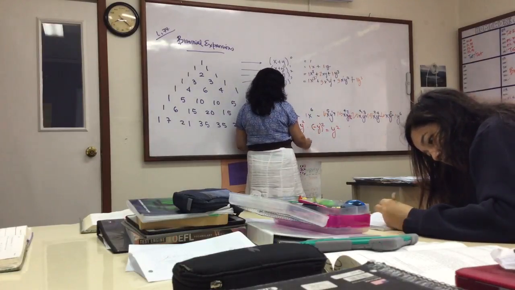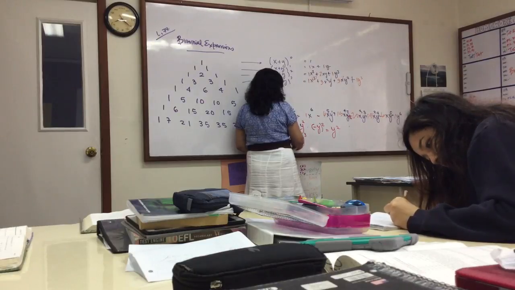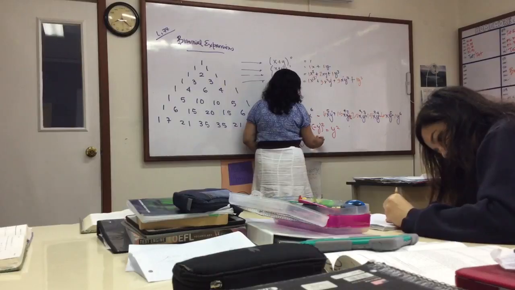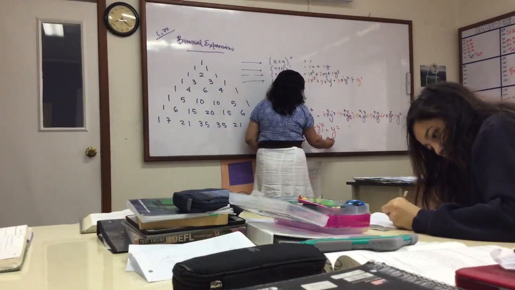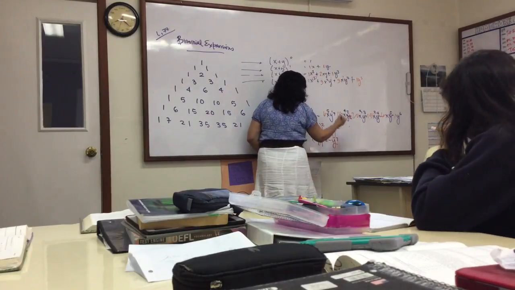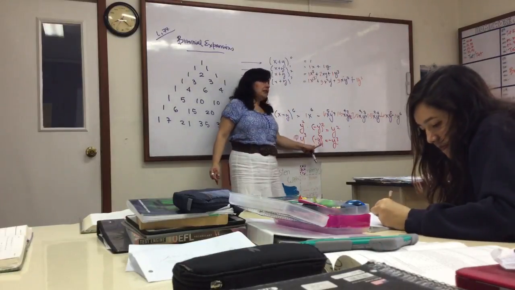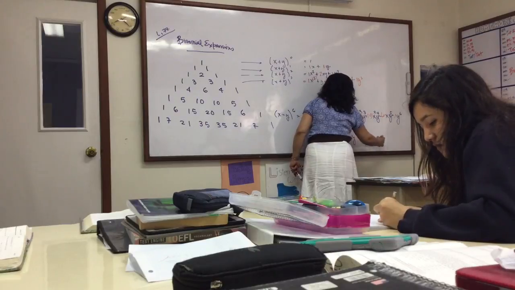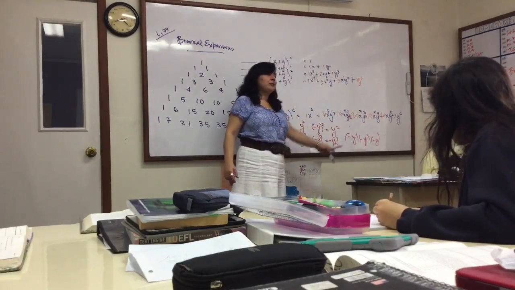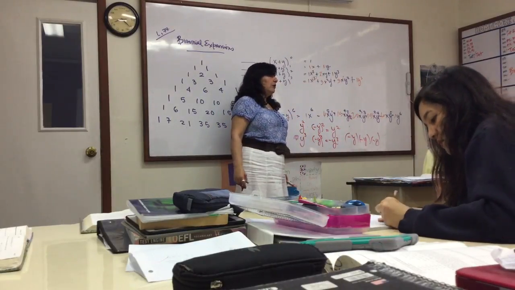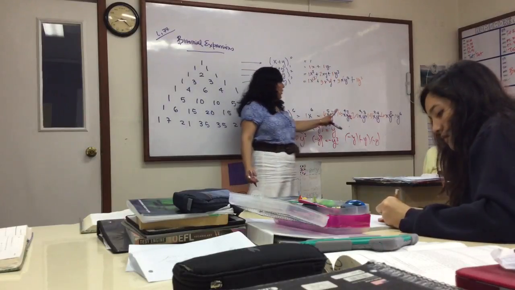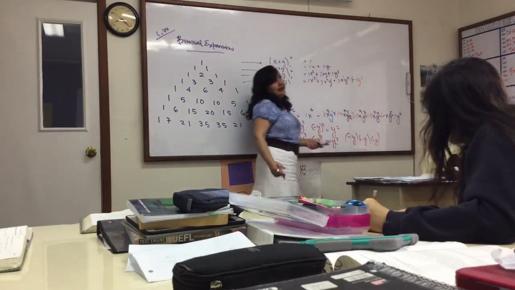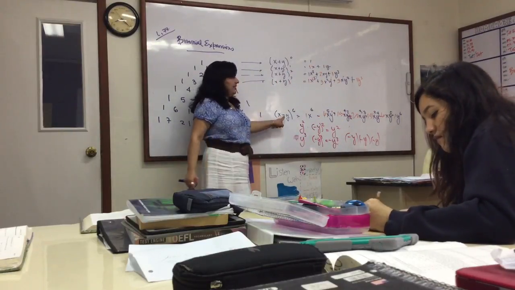But if you've got an odd exponent, minus y cubed is minus y cubed, because this is minus y times minus y times minus y. You've got one extra minus. So negative times negative equals positive, and that's why when you have an odd exponent, it's going to be negative, for the one that's negative.